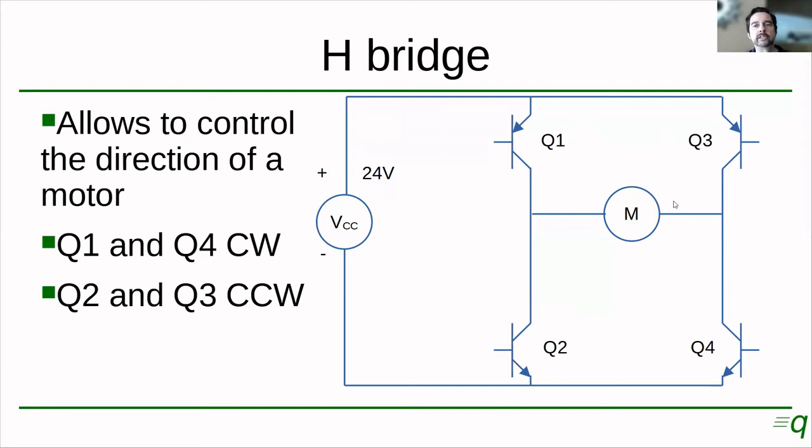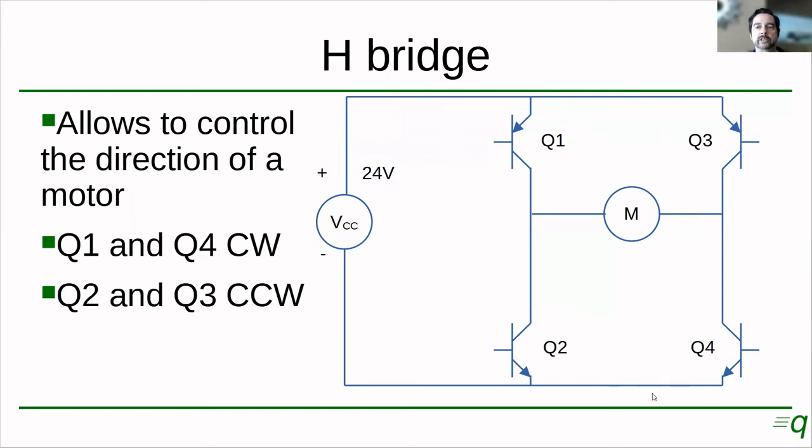Okay, so how does this work? If we turn on Q1 and Q4, right, we're providing a path for the current to go through Q1. We're providing positive on this side of the motor, and then we're providing negative on this side of the motor, and the current goes through Q4 to ground.